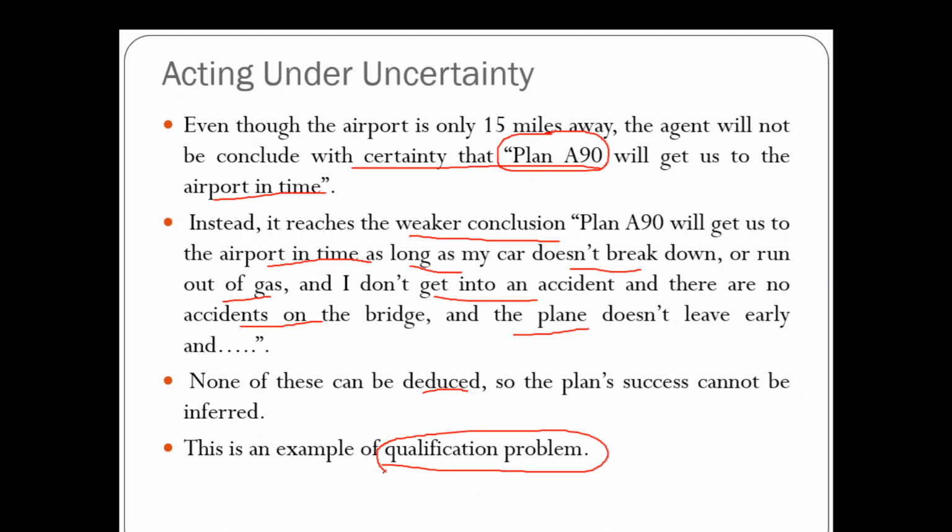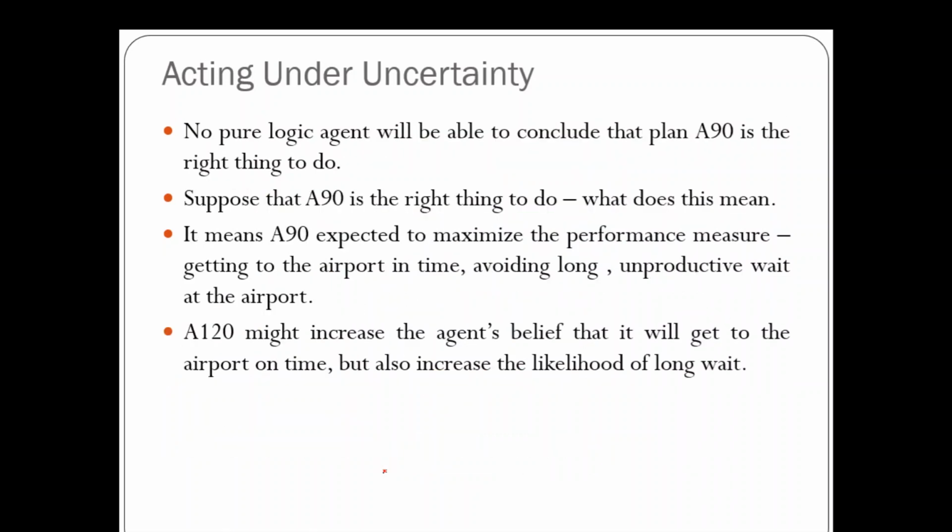In such cases, how the agent should react is what we are going to discuss. A pure logical agent will not be able to conclude in this case that A90 is the right thing to do. Now suppose A90 is the right thing to do, then what does this mean?